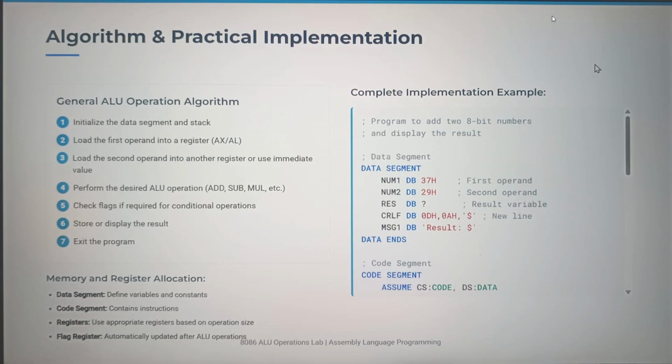Third, we load the second operand into another register, so that we can use it as an immediate value, because we know that segment registers cannot hold an immediate value. Then the fourth step is to perform the desired operation, such as ADD, SUB or AND. Then we check the flags if required, such as the carry flag or sign flag. Then we store the result and exit the program.